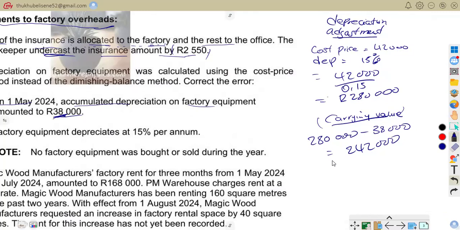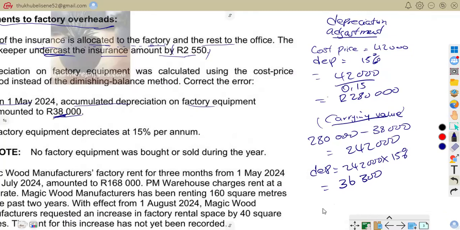Then we are going to say depreciation is equal to 242,000 multiplied by 15%, and this will give us 36,300.